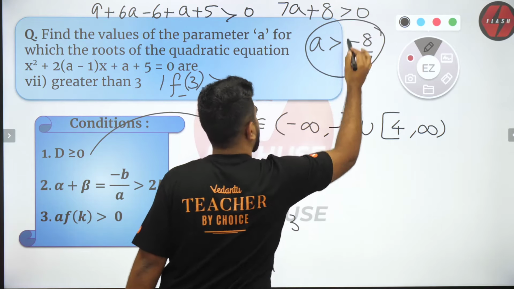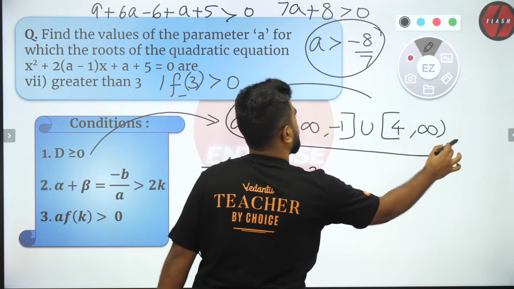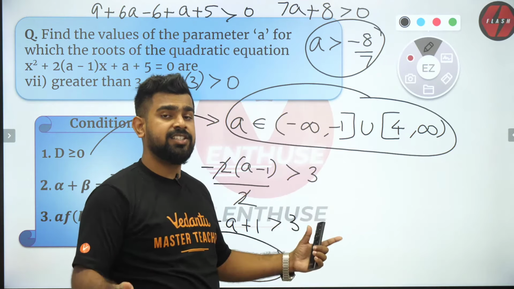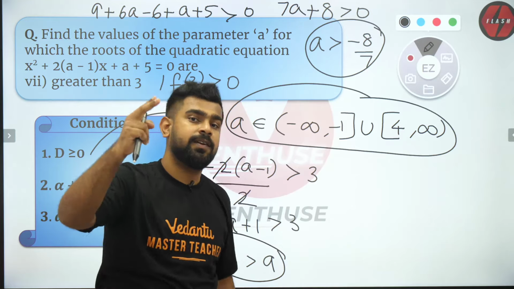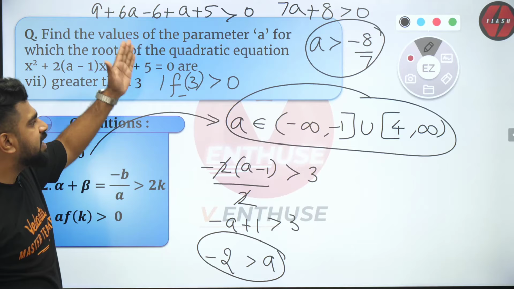So 1, 2 and 3. Can you guys take the intersection now? I taught you the method. Take the intersection, comment down the answer for the next question, and with that we are coming to a conclusion. Okay, so take a screenshot.